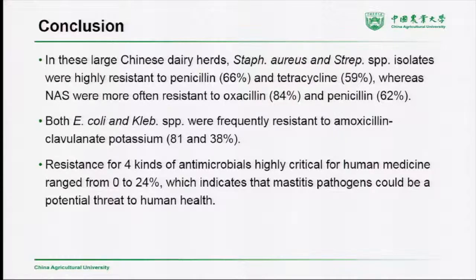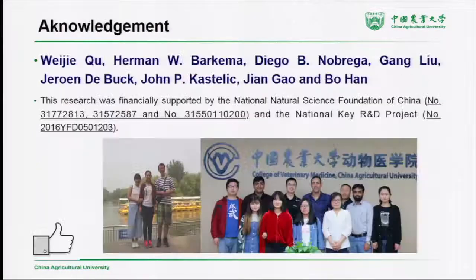Also, both E. coli and Klebsiella were frequently resistant to amoxicillin and ceftiofur. Resistance to 4 kinds of antimicrobials highly critical for human medicine ranged from 0 to 24%, which indicates that mastitis pathogens could be a potential threat to human health.